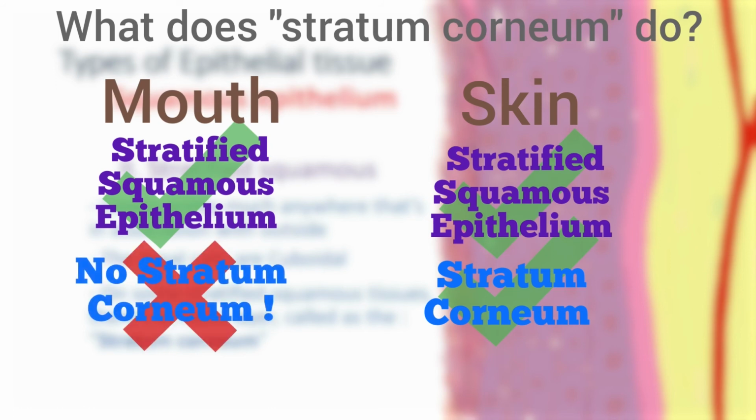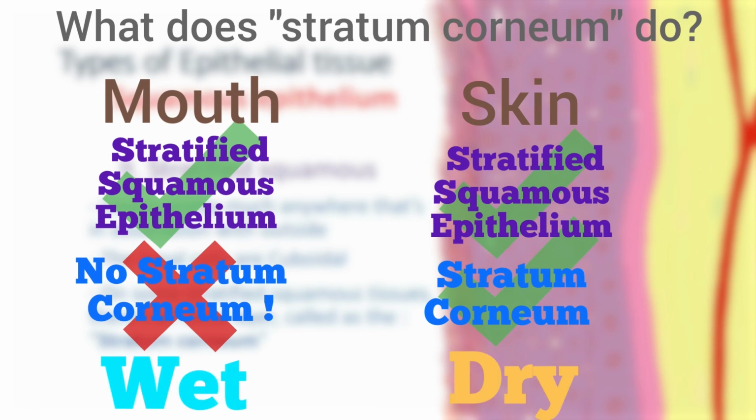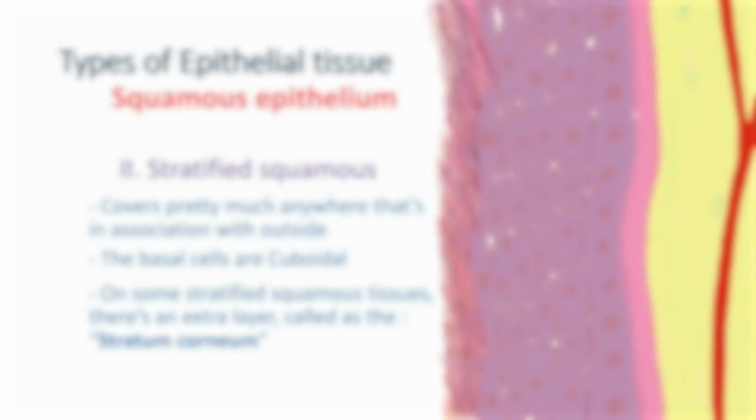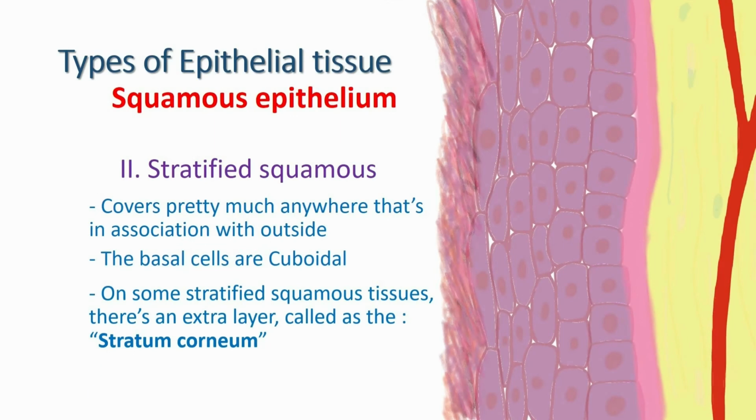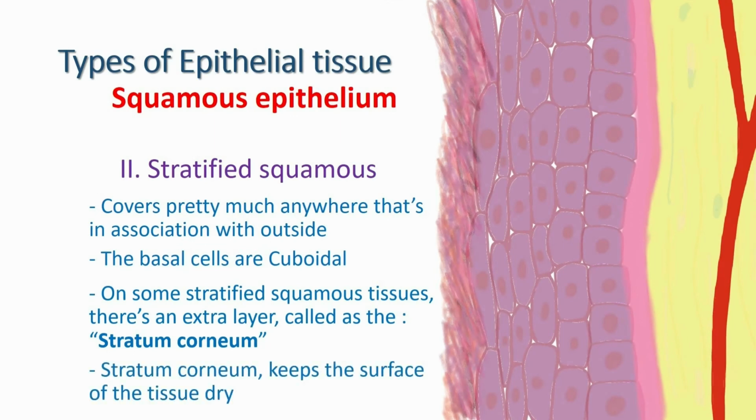Obviously, one of the big differences between the tissue inside the mouth and the one on the skin is that the mouth is usually wet, while the skin is usually dry. Why? Because there's a stratum corneum on the skin that keeps it dry. So this is basically what the stratum corneum does. It keeps the tissue dry.